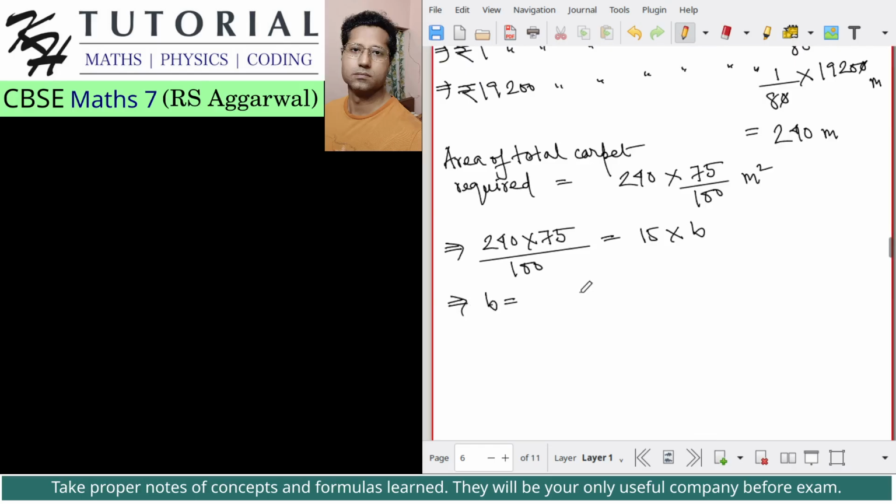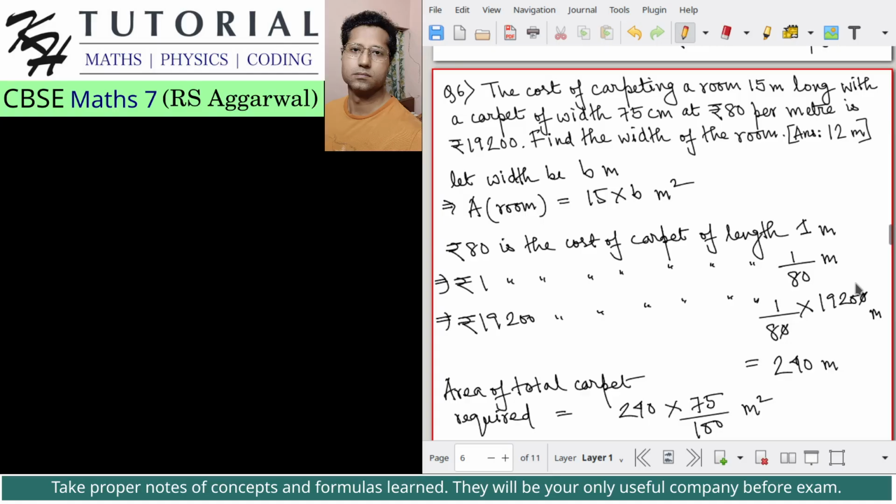So b will be equal to 240 multiplied by 75 divided by 100 multiplied by 15. We have to simplify this, and it is equal to 12 meter. So the breadth or width of the room is 12 meter.